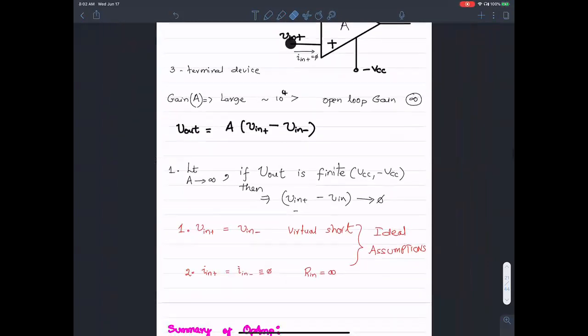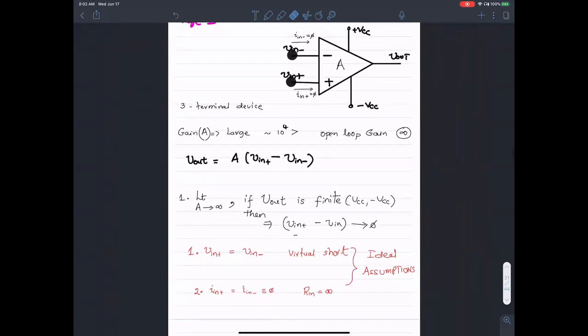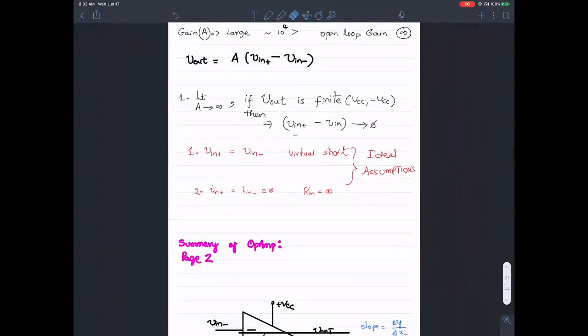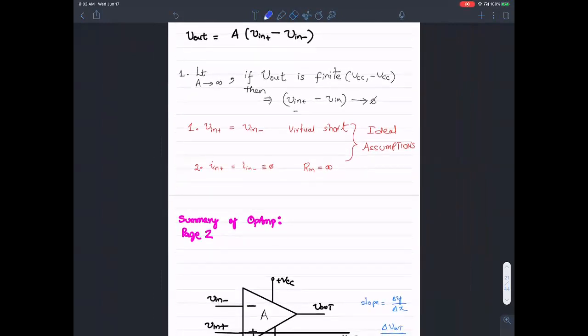Owing to the fact that there's a pretty large open loop gain, we make two assumptions. The first assumption is that the voltage you apply on the positive input terminal and the voltage you apply on the negative input terminal are the same.